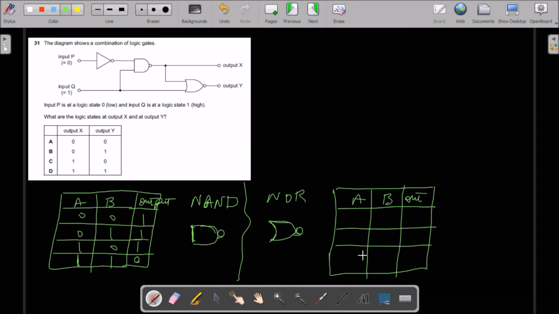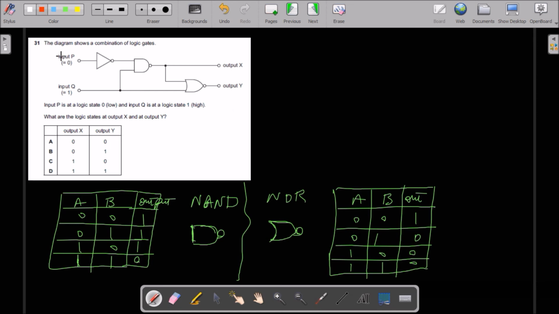For NOR gate, if both of them are 0, the answer will be 1, and for others will be 0. So 0, 1, 1, 0, and 1, 1 will be 0. So this is NOR gate.